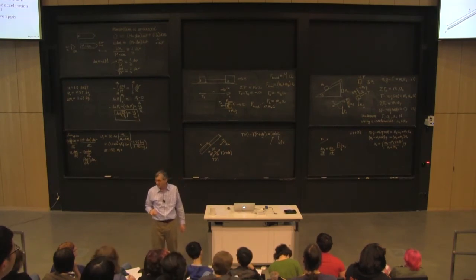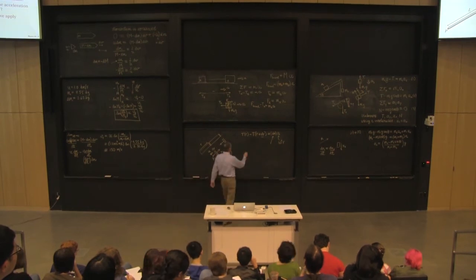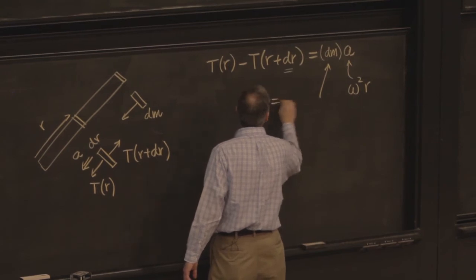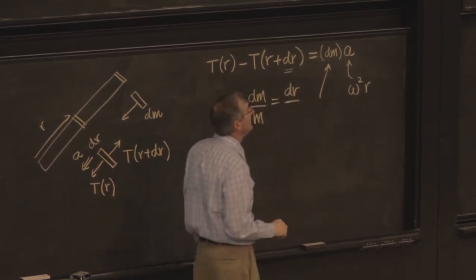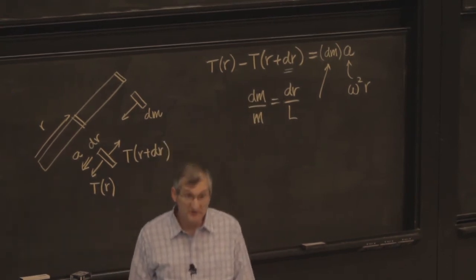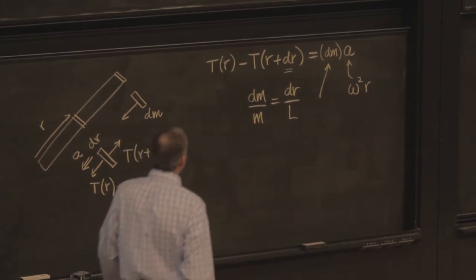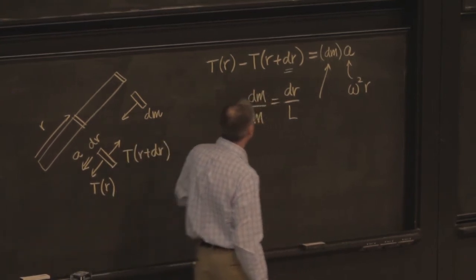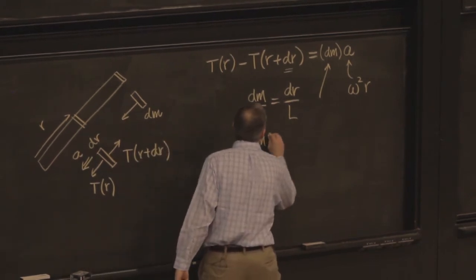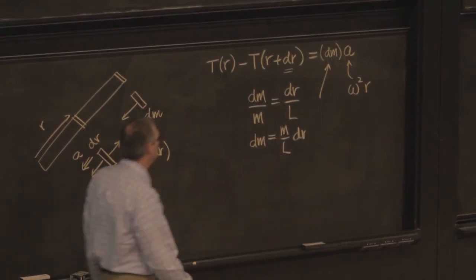Proportionality, can I say dm over all the mass is equal to dr over all the length, which I guess is L? Does that work, if it's uniform? Yeah, each part has the same density and so the same amount of mass. So I could express dm as equal to m over L times dr.